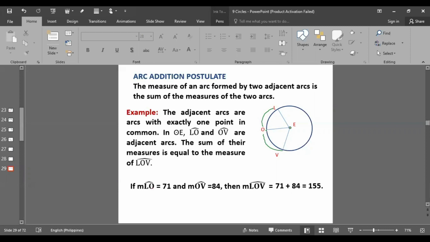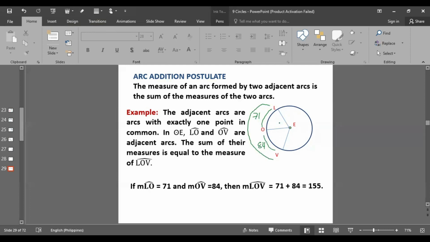This one, endpoint O. What this slide says is simple: to get this arc, you have to add the measurements of arcs LO and VO. Say for example, the measurement of arc LO is 71, while the measurement of arc OV is 84.